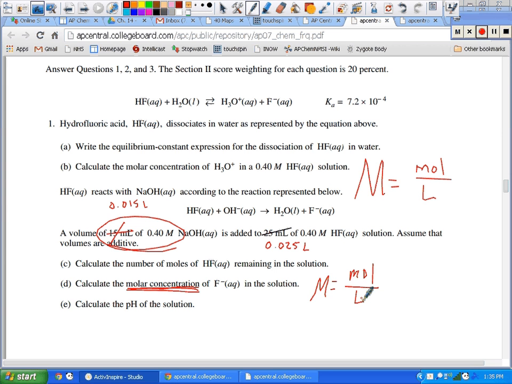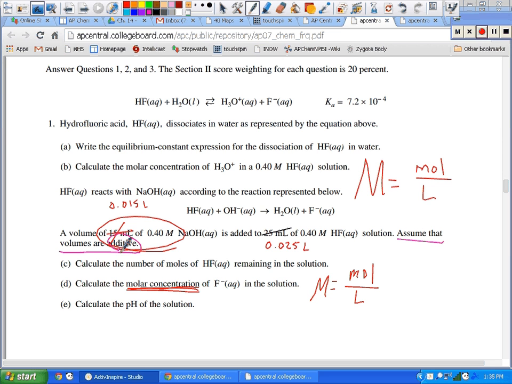All right. This is where that part up top comes into play. Assume that volumes are what? Additive. So that's got to play into some of your calculations. So what would be your total volume in liters? 15 plus 25 is 40. Okay. Now that's milliliters, so it's 0.04.